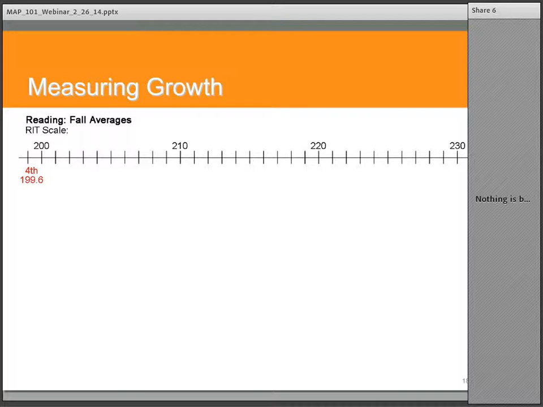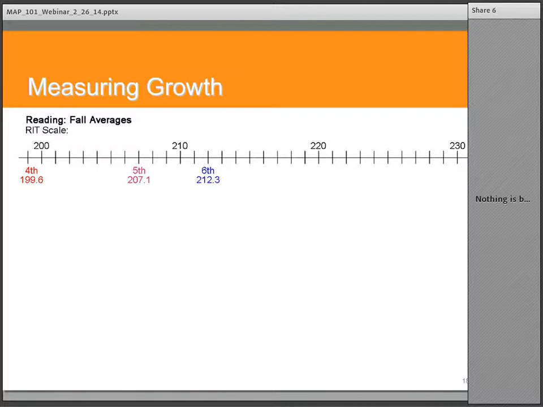Now, this is another way of looking at a RIT score over time. What we have identified here is a 4th grade RIT score of a 199.6, and these are fall reading averages. As we watch how this student has grown, he moves all the way up to 207.1 as a 5th grader.